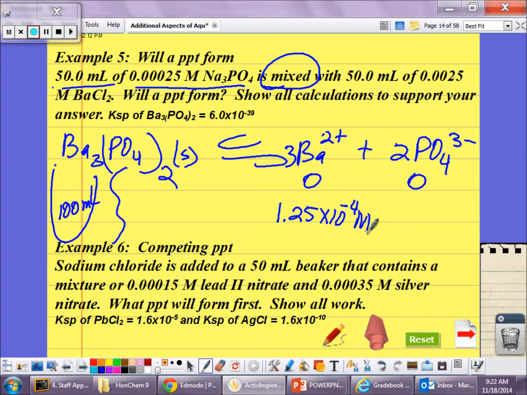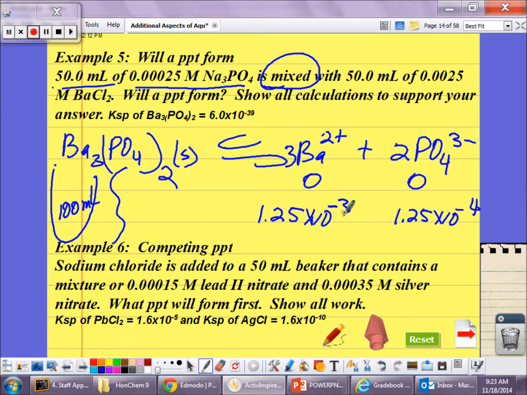This is phosphate, 1.25 times 10 to the negative 4. Is that right? The one you just told me, it is negative 4. Now we need to cut the barium into half also: 1.25 times 10 to the negative 3. Okay, so this is the concentration of each one of them.